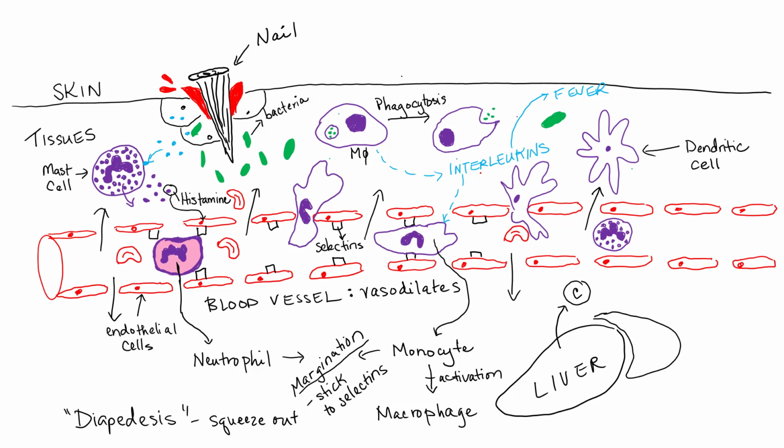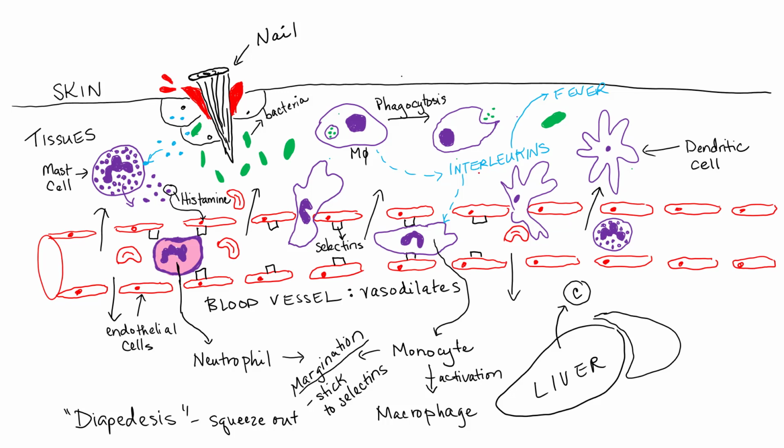And then those police officers, what do they do? Well, they get on their walkie-talkies and they call for backup, right? So that's what's happening here. These phagocytes that are in the process of digesting the bacteria in our story are going to send a message to other phagocytes and ask for backup. Okay, so that's also happening.